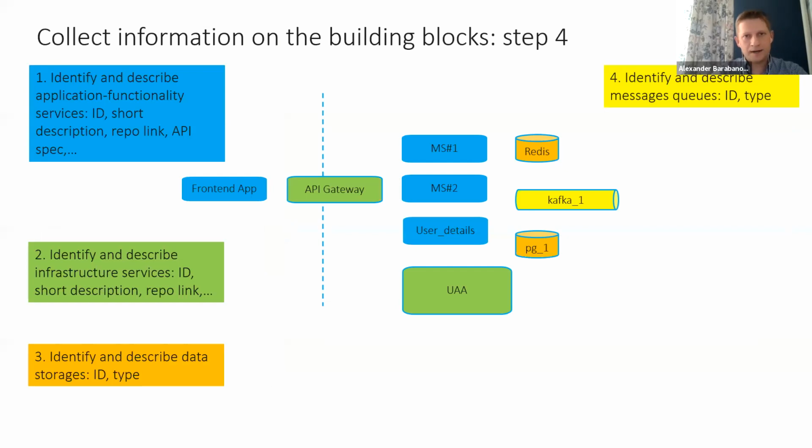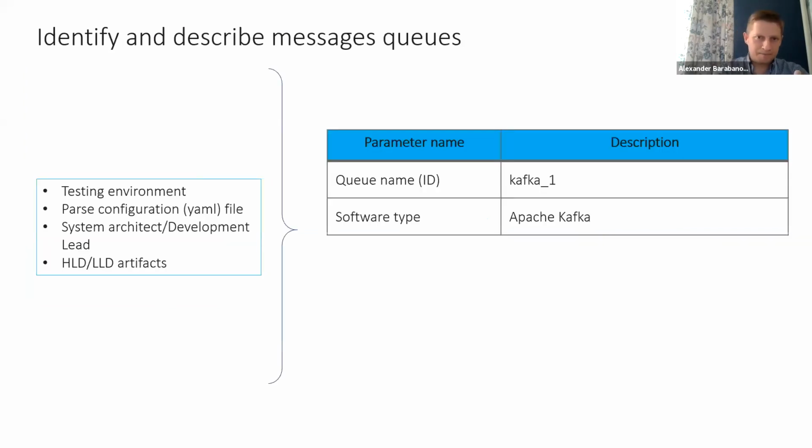Because event-driven architecture is a widely adopted pattern, there probably should be a messaging system in your architecture, like Apache Kafka or RabbitMQ, and you also have to identify those message queue systems and collect a minimal amount of information, like identifier and software type.